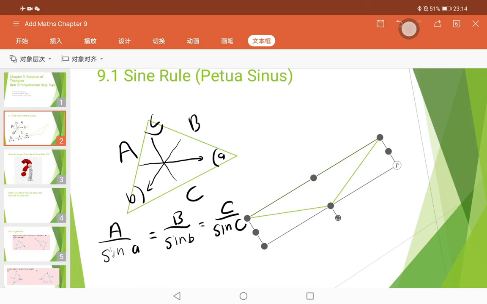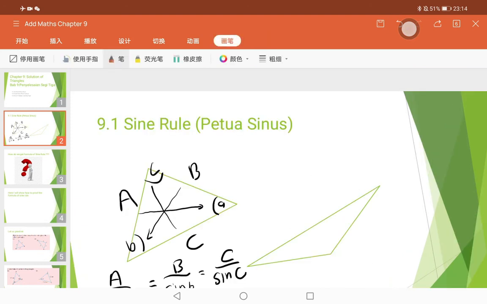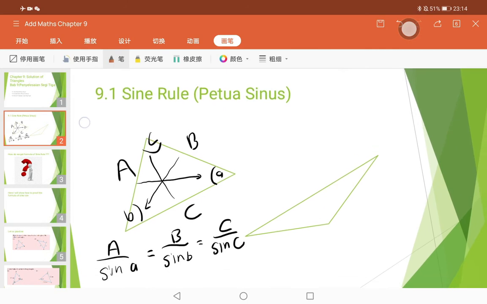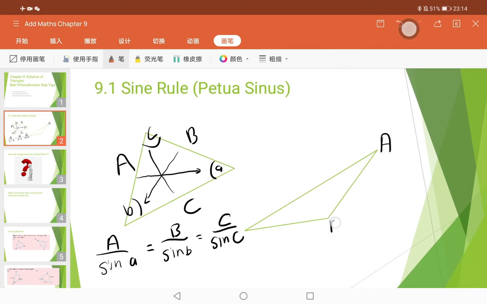So same with this obtuse angle triangle here. Okay, so we have A, we have B, we have C. Here is A, here is B, here is C. So opposite of C here, we have the angle small c, and for A, we have the angle small a, and for B, we have the angle small b.